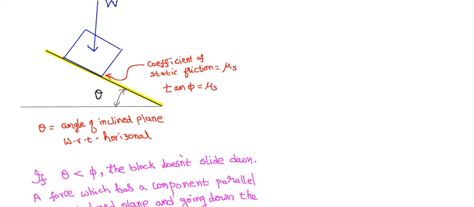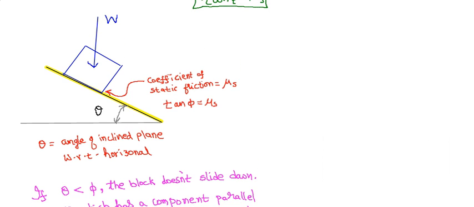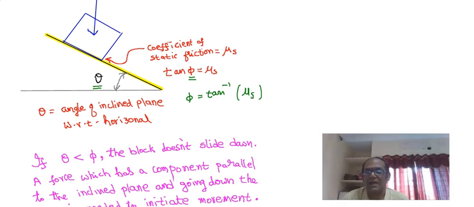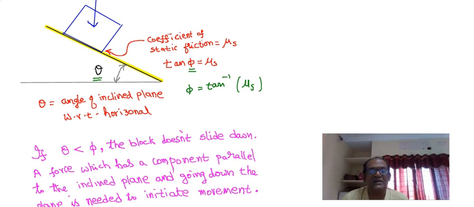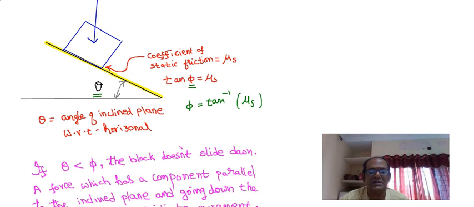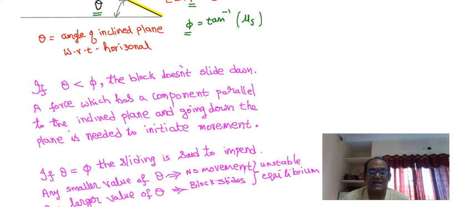Knowing this, we say that if theta is the angle of inclination and phi is the angle of friction, which is phi equals tan inverse of mu s, then if theta is less than phi, if this angle of inclination is smaller than phi, the block does not slide down upon its own weight.